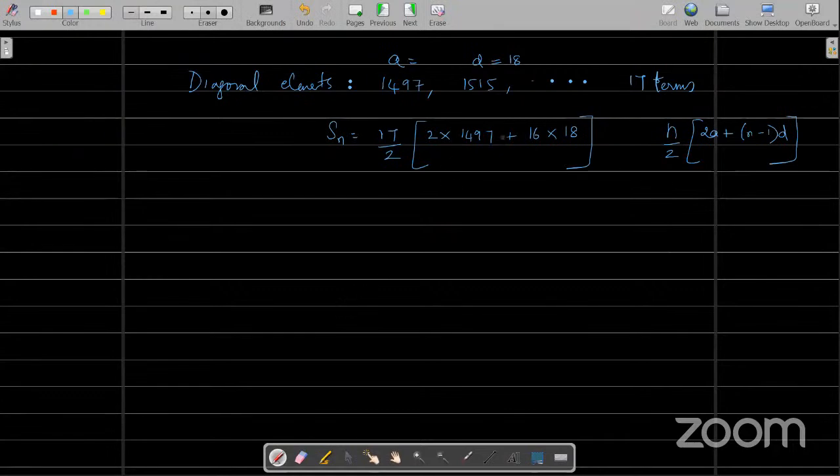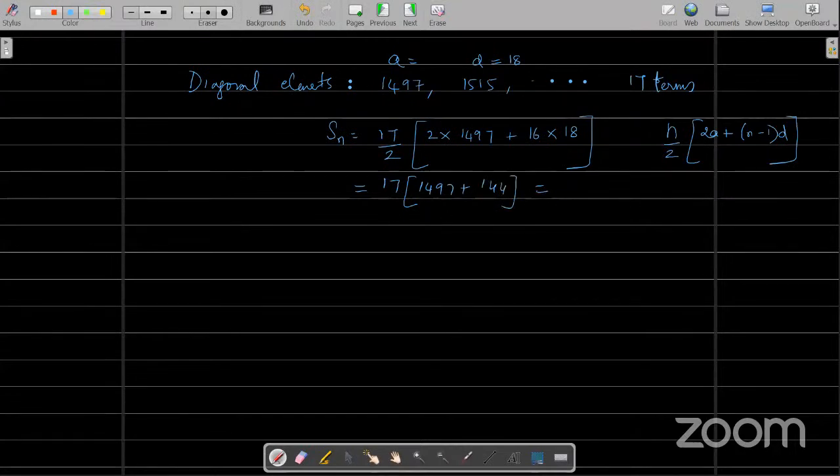Okay. So now that we have got this, we can simplify this and finally get the answer. Can anyone quickly take out the common factor 2 so that one thing will go away. So you get 1497 plus 18 into 8, which is 144.